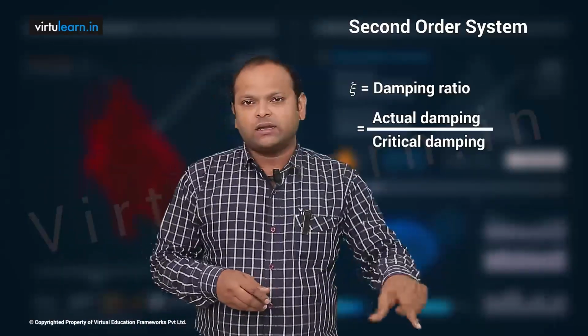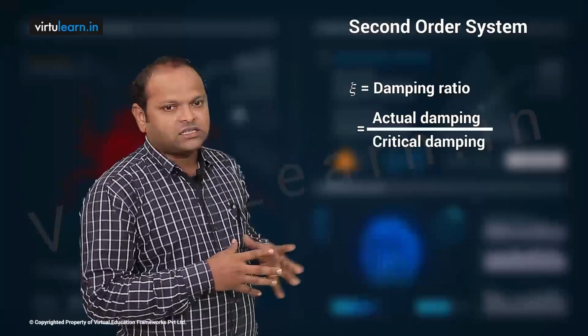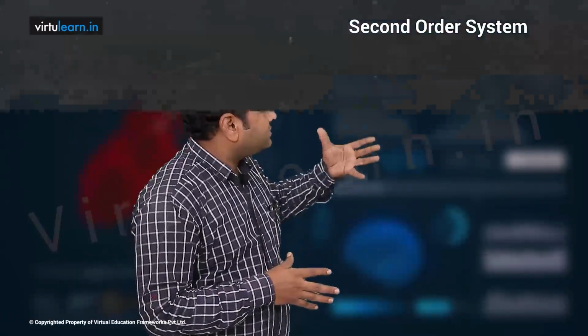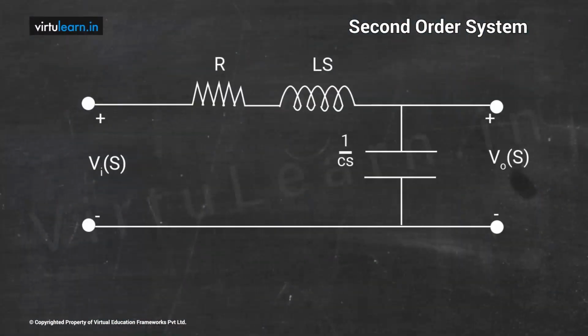To understand a second order system, let us take a series RLC system, a physical electrical system.